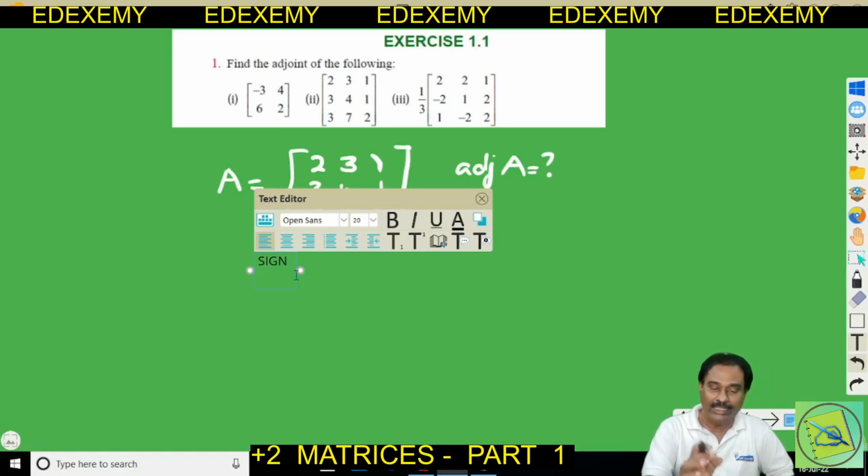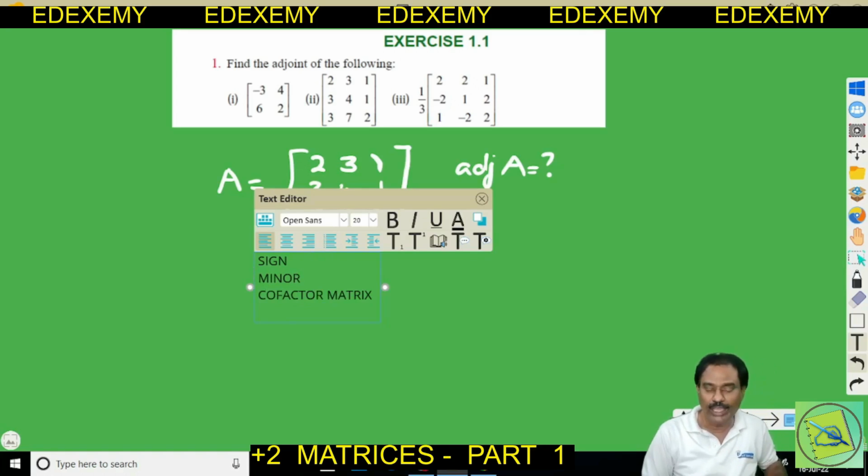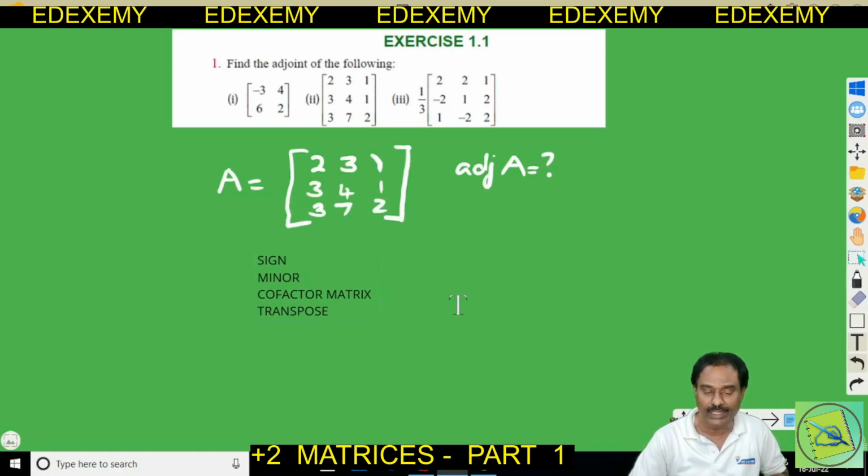The next thing is we have to find the minor for each element, and the value of that minor. Next, we have to find the cofactor matrix. Cofactor matrix means the cofactors of each and every element form a cofactor matrix, and then the transpose of this cofactor matrix. That's all. If we find all these four things, then we can find the adjoint of A. So let us start.